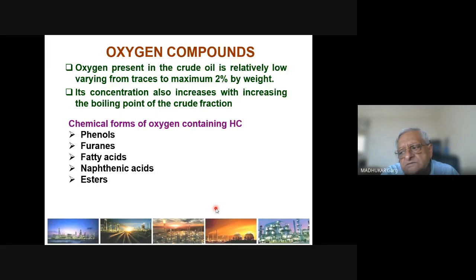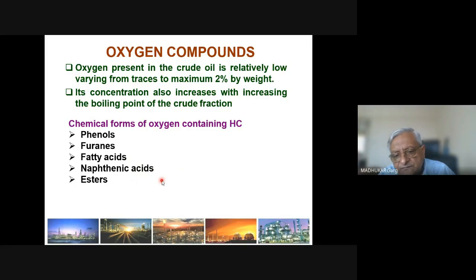Generally, these oxygen compounds are present in the form of phenols or furans, where furan is a five-membered ring structure with an oxygen instead of carbon, and you have two benzene rings on the side, or in the form of naphthenic acid, which is a carboxylic acid that can cause corrosion, and esters.